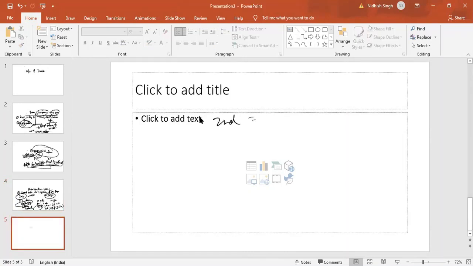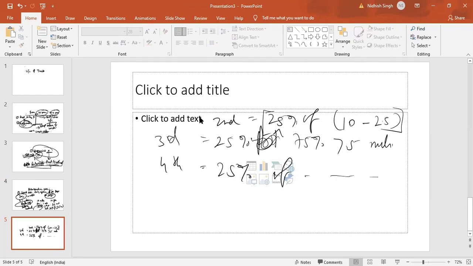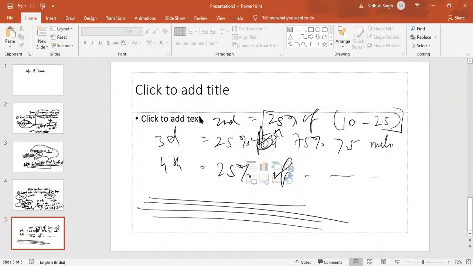So the second year is 25% of 10 minus 2.5 million. Next year is 25% of the remaining number, or let's say 25% of 75% of 7.5 million. This is how it works for the third year. For the fourth year, it will continue like this. So don't you have to make the calculation from year 1 till date, right?